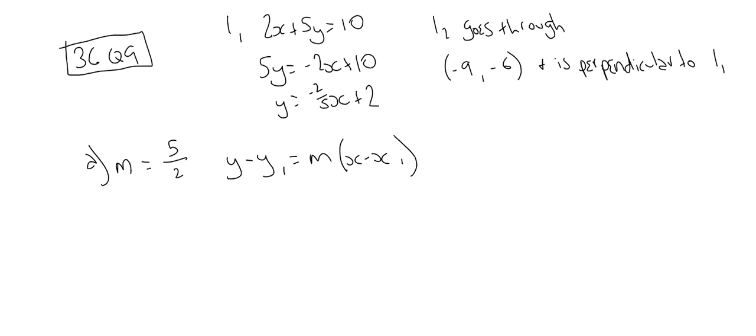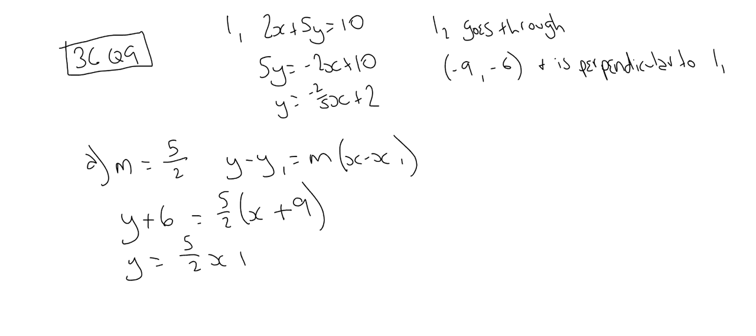So y minus, I'm going to use this, so it's plus 6 equals m(x minus, but it's plus 9 because it's negative 9). So then y equals 5/2 x plus 45/2, and then I'm going to minus 6 over here. So y equals 5/2 x plus 33 over 2. All right, so that is the equation of line 2. So that bit wasn't too bad at all.